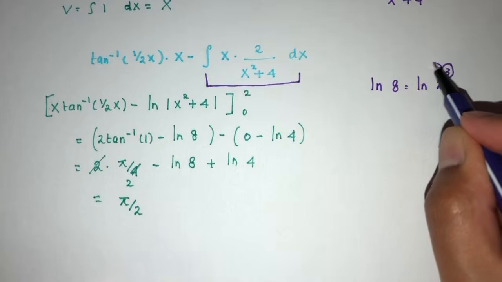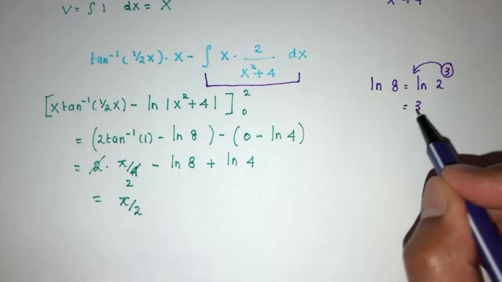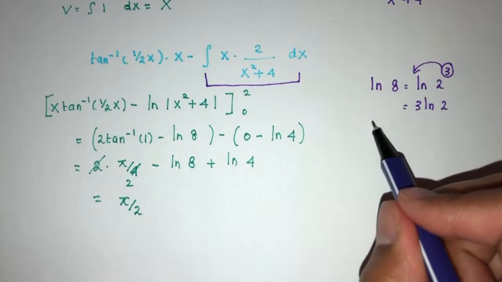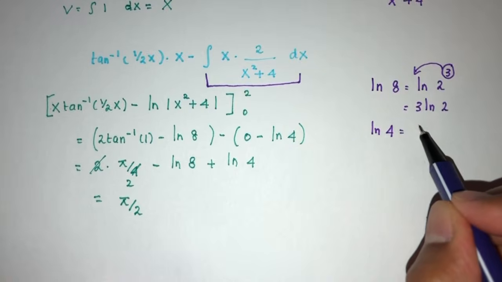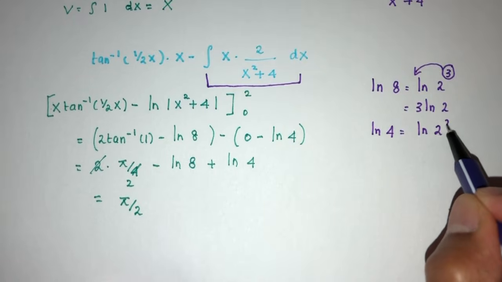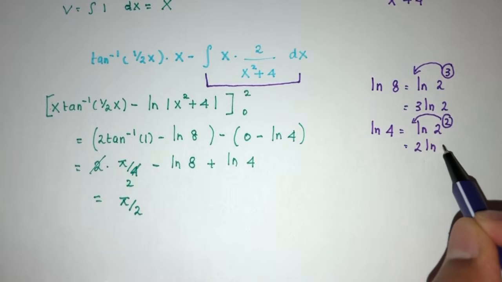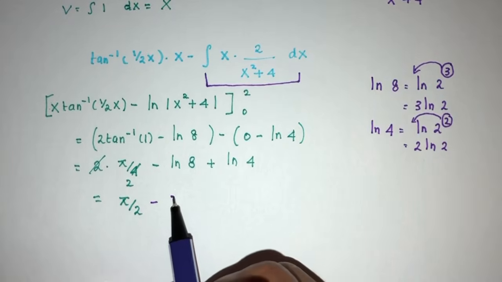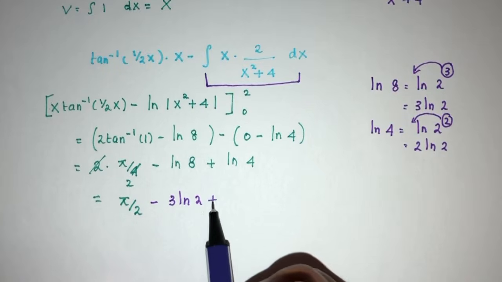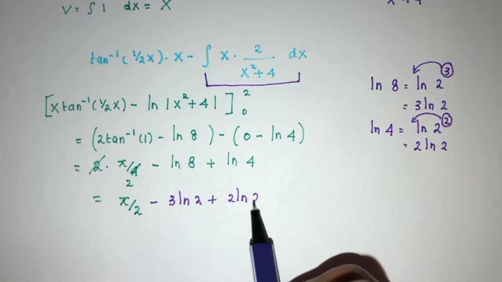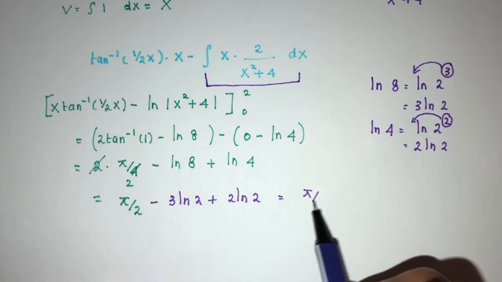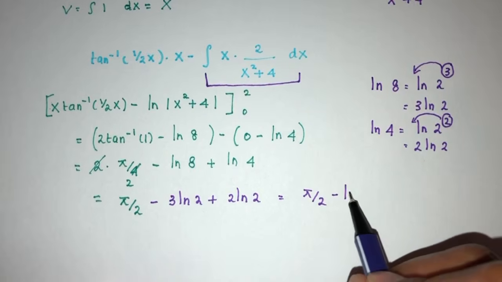We can send the 3 in front, that will be 3 ln of 2. And ln of 4 is the same as ln of 2 to the power 2, so we can send this in front, that will be 2 ln of 2. So this will become minus 3 ln of 2 plus 2 ln of 2. That will give you pi by 2 minus ln of 2.